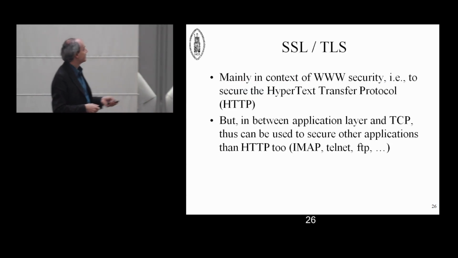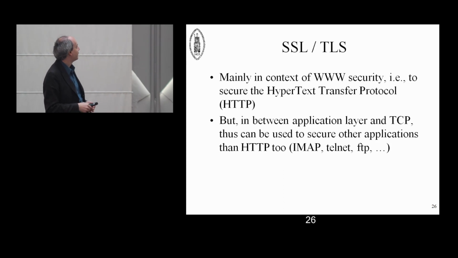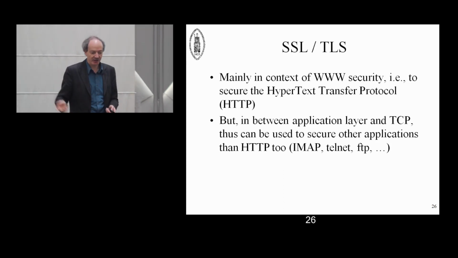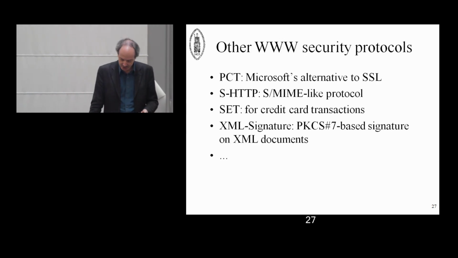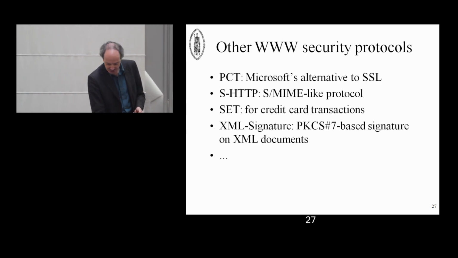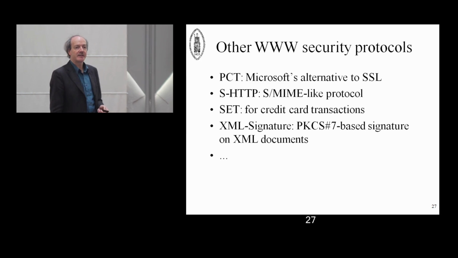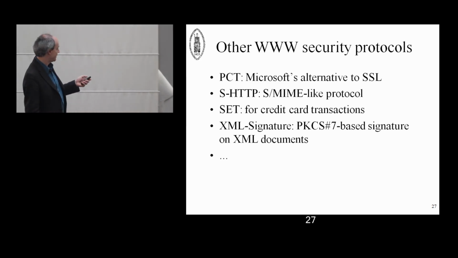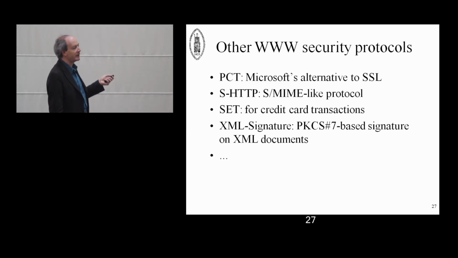SSL was designed for web security, for HTTP, but of course it can also be used for IMAP, Telnet, and so on. In fact, it's a generic mechanism. There was quite some competition at the time. It was not obvious that SSL would win. Microsoft had PCT, which was quite well known for its buggy implementations. RSA Labs designed an S/MIME-like protocol called SHTTP. S/MIME is an email protocol.